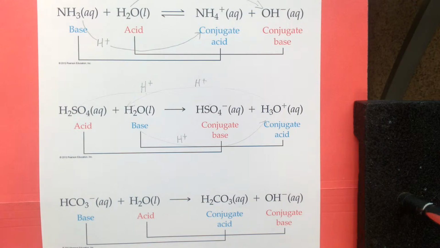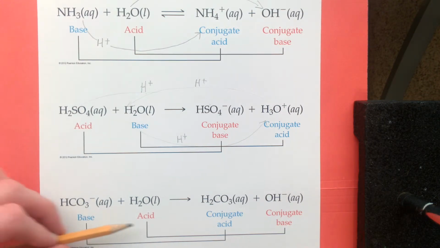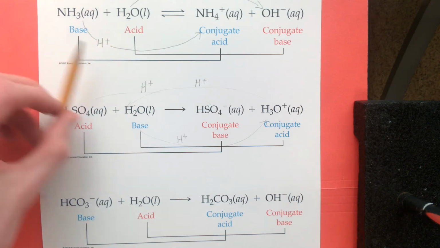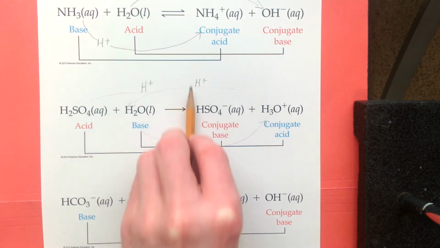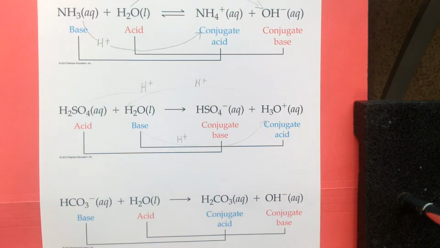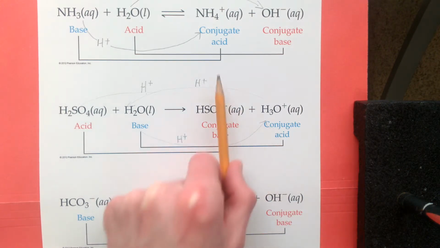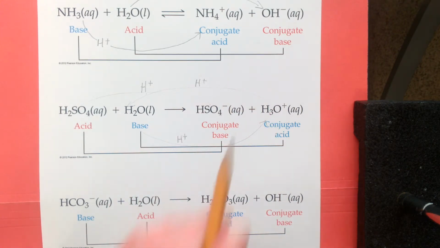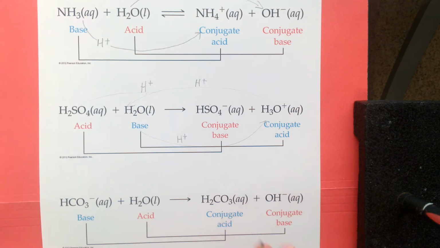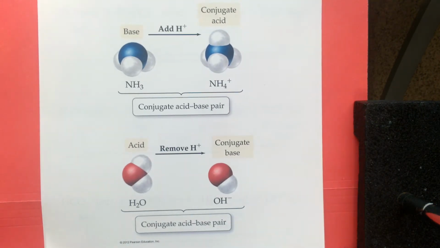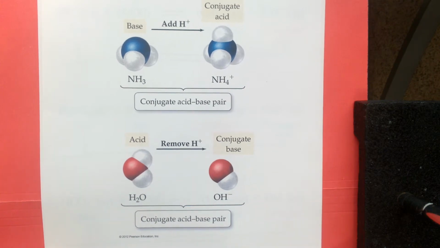Now, a little trick of the trade is the original acid and base pair will be on the left side of your yields arrow. The conjugate pair, the conjugate acid and the conjugate base, will be on the right side. Now, here's another picture to make this a little bit more relevant.